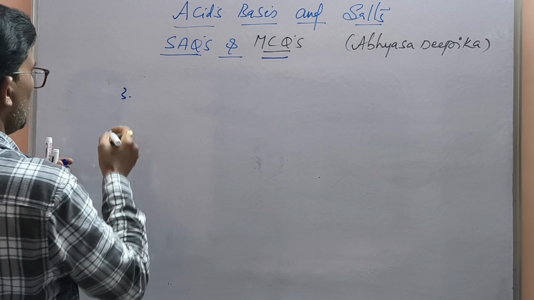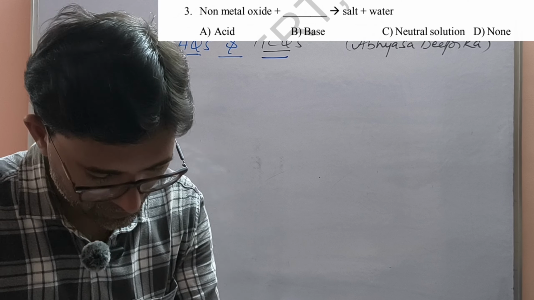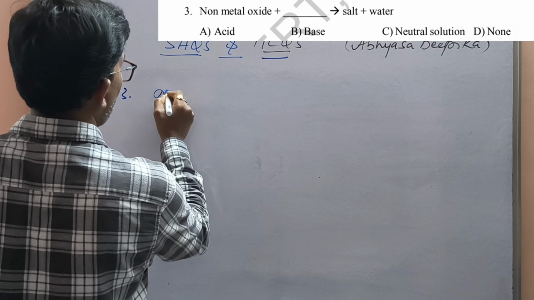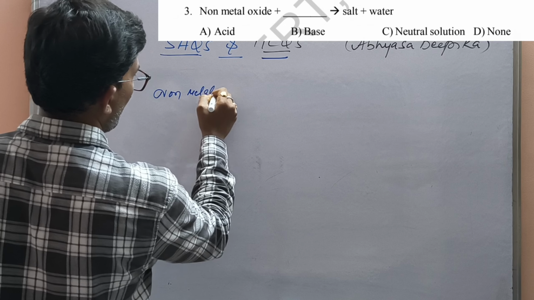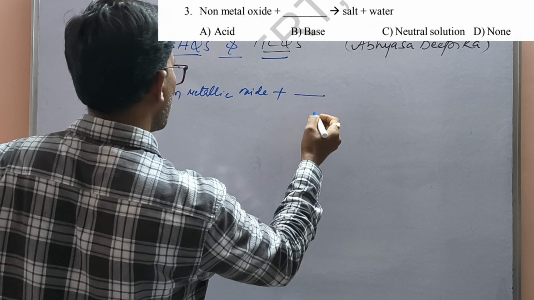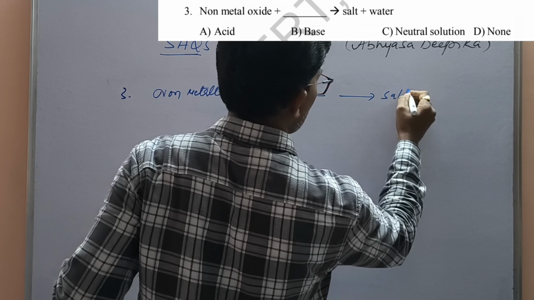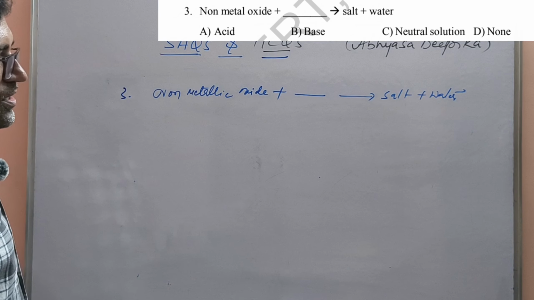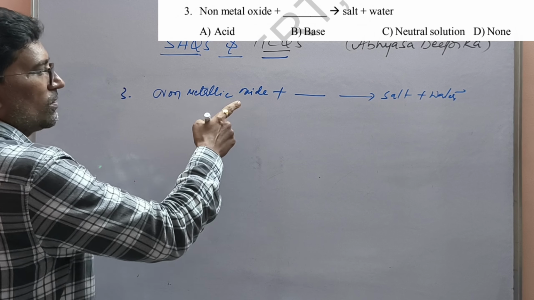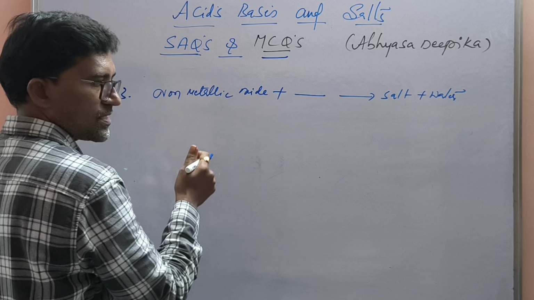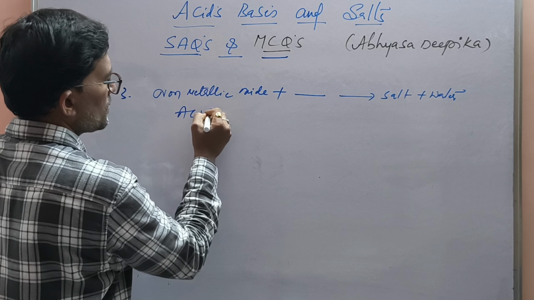Third question is: non-metallic oxide plus dash gives rise to salt plus water. The question is displayed on the screen. Non-metallic oxides are acidic in nature.